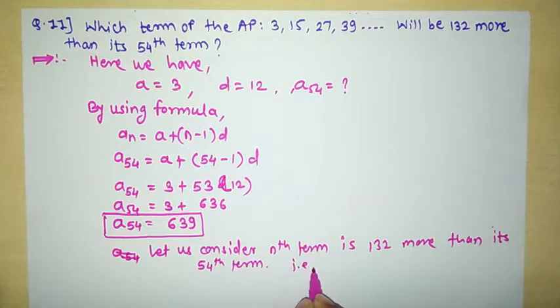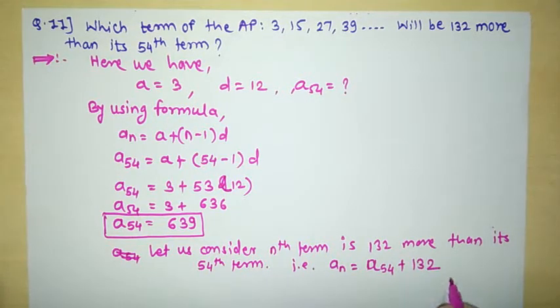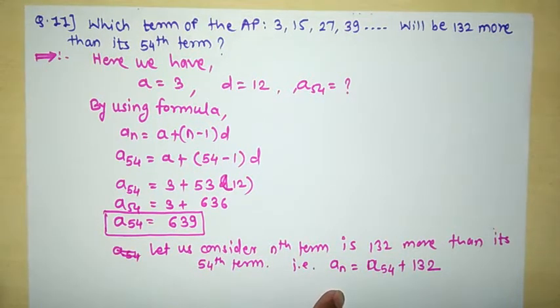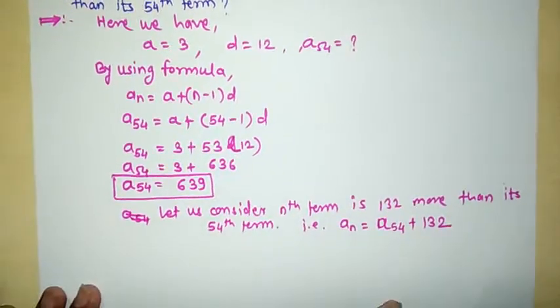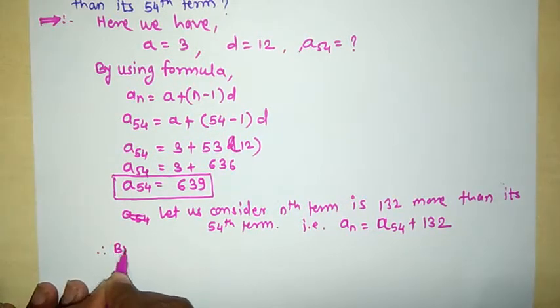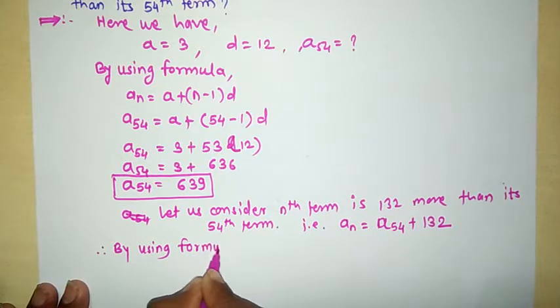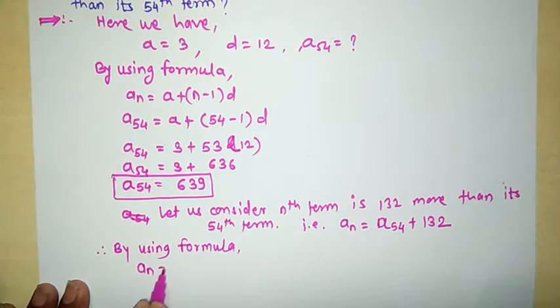That is, an is equal to A54, that is 54th term, plus 132. Therefore by using the formula an is equal to a plus n minus 1 into d.